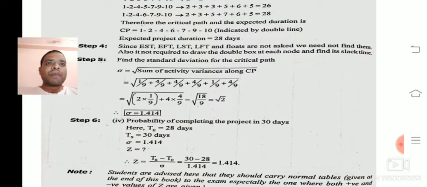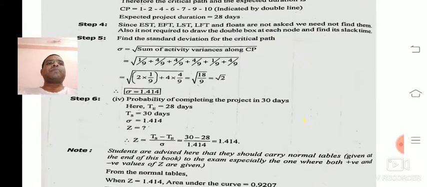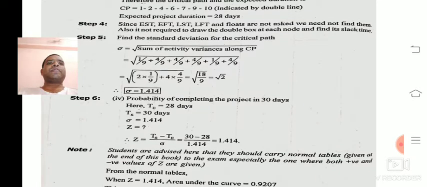We need to apply Z equals TS minus TE divided by sigma, and the Z value we are getting is 1.414.